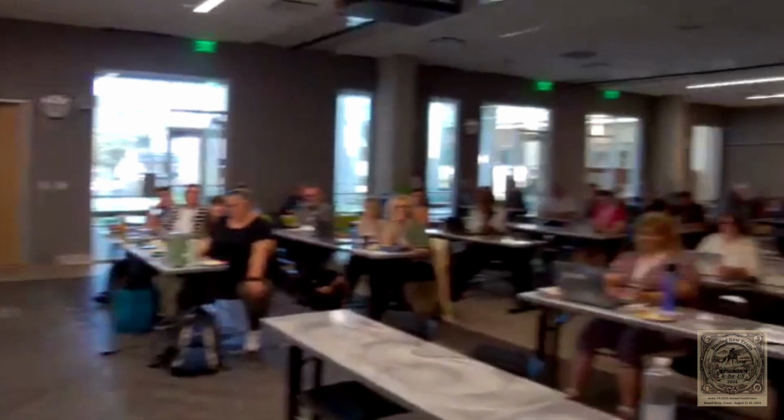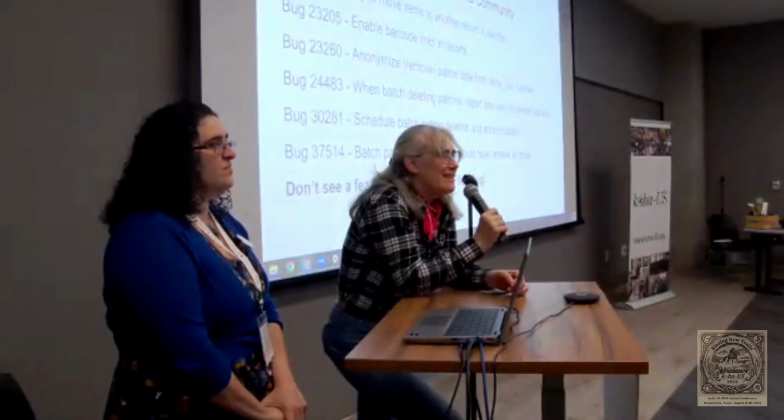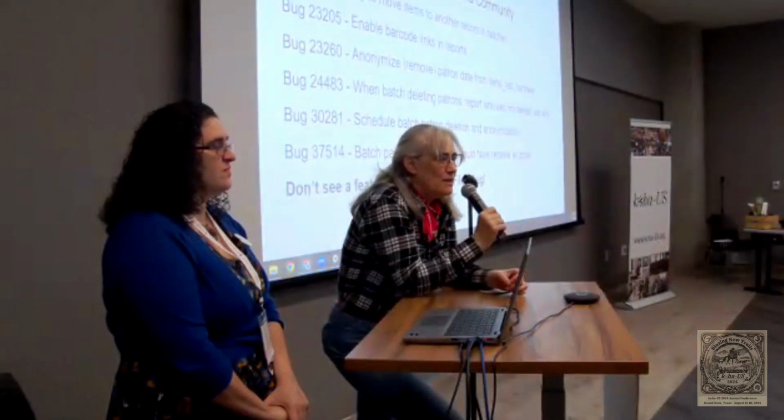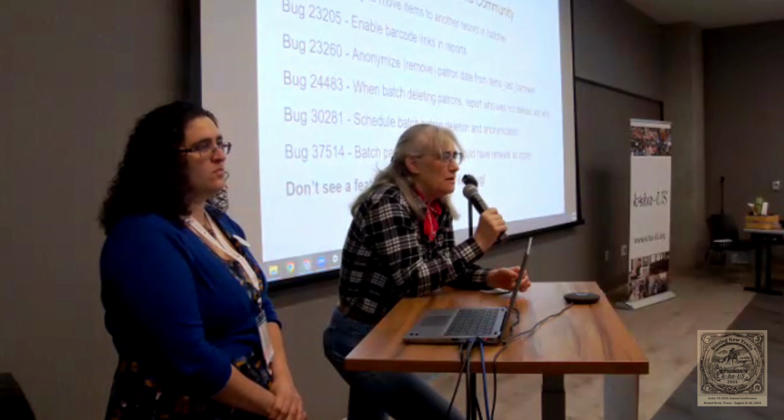If this is not too deep a question, say I delete an item or a bib or a borrower, and then I put in a ticket for you to bring them back. How much associated data would be coming back with that? And how much is gone forever? Old issues, like if you have deleted a patron and then restore them, you're not going to get their borrower history back.